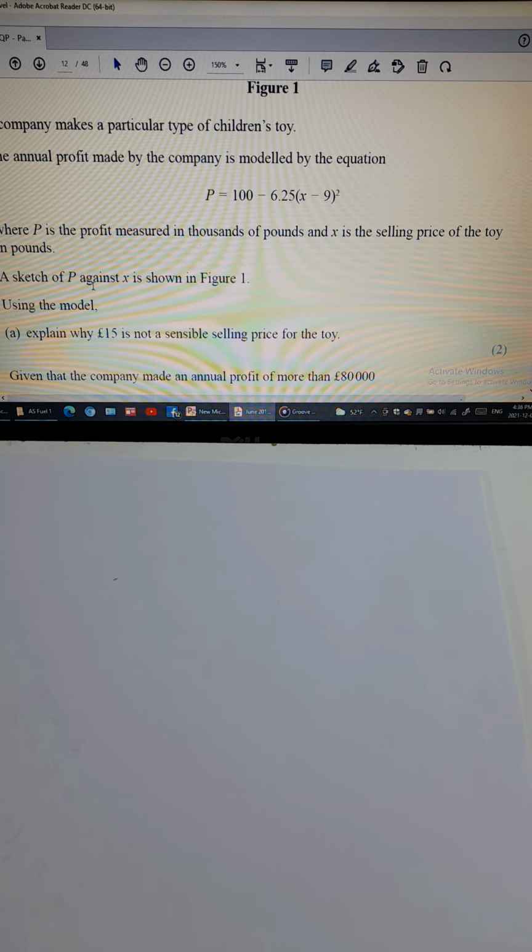A sketch of P against x is shown in figure 1. Using the model, explain why 15 pounds is not a sensible selling price for the toy.